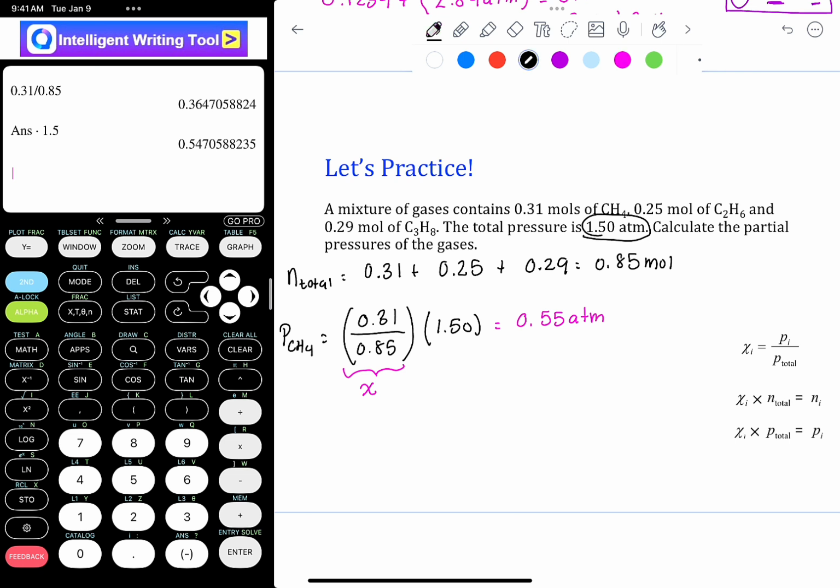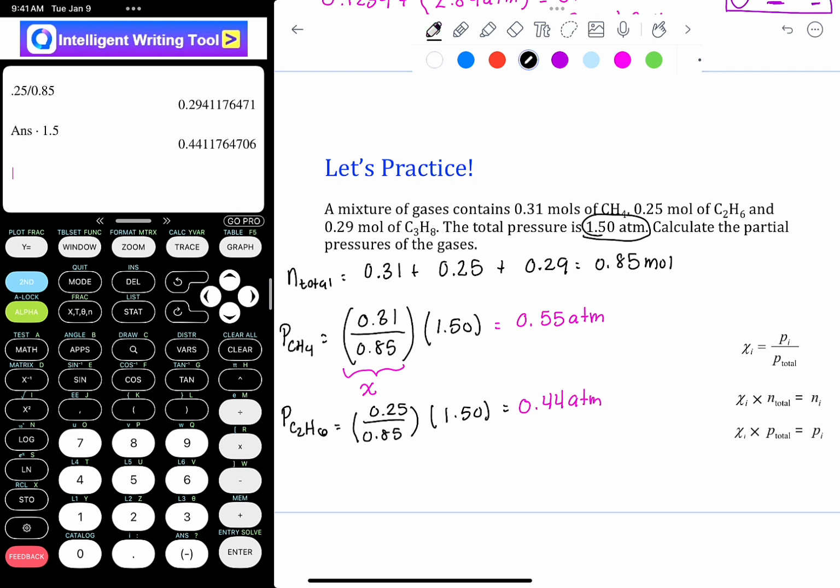Next up, we'll do the same thing for C2H6, except now its mole fraction is going to be 0.25 over 0.85, but we're still multiplying that by the total pressure of 1.5. 0.25 divided by 0.85 multiplied by 1.5. We get 0.44 atm.